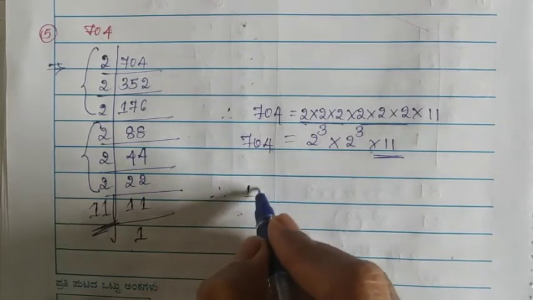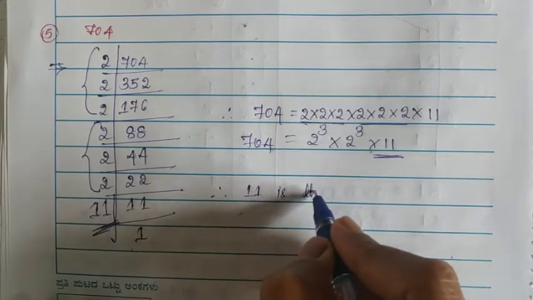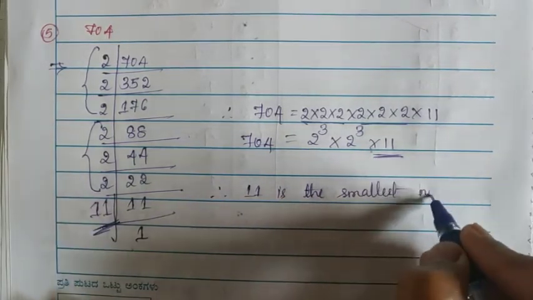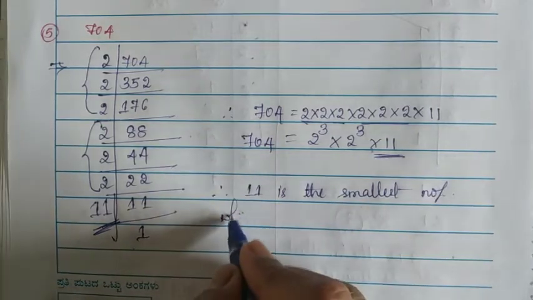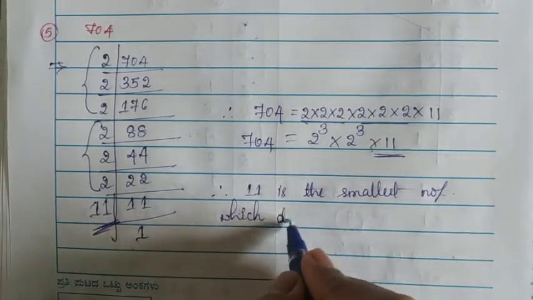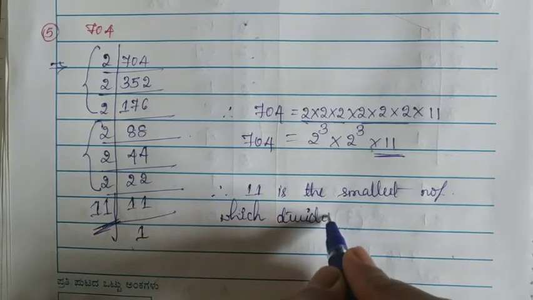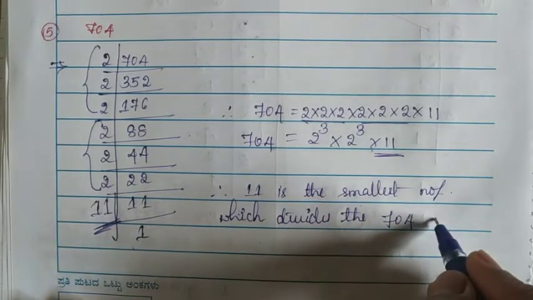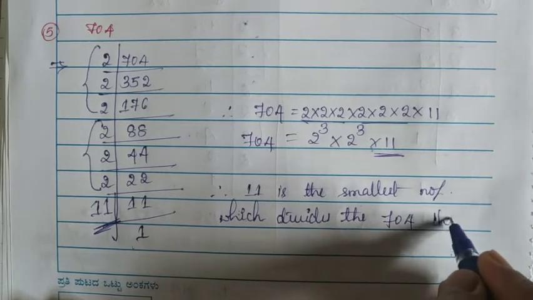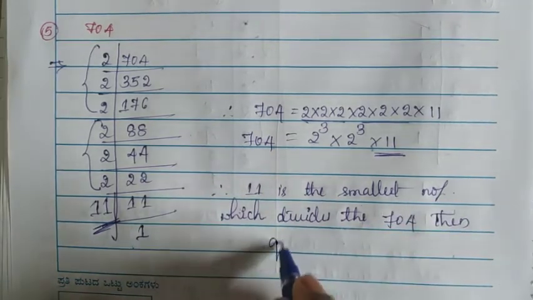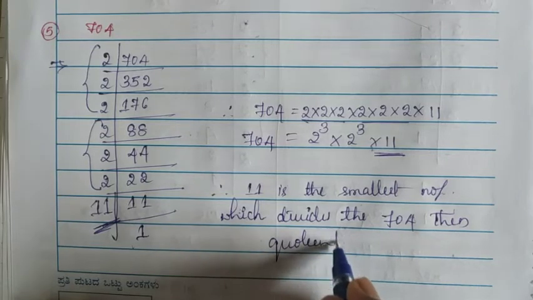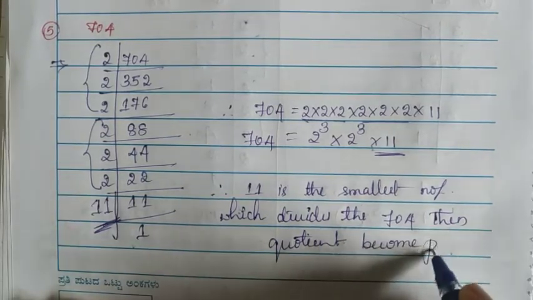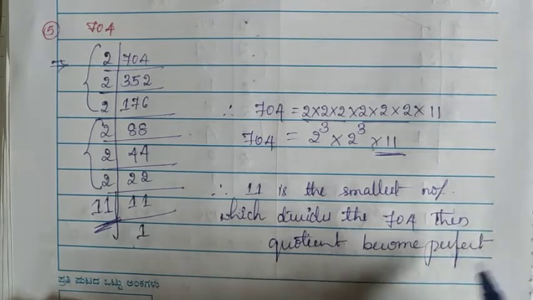Therefore 11 is the smallest number which divides 704, and then the quotient becomes a perfect cube.